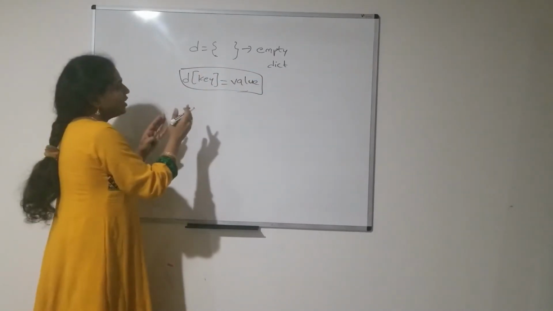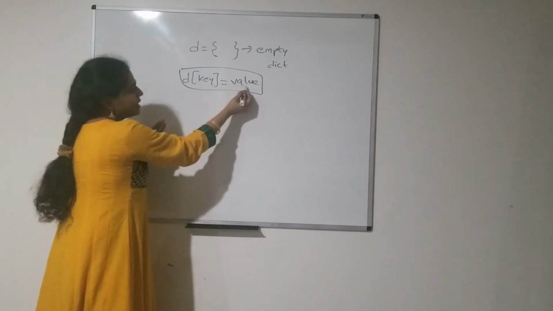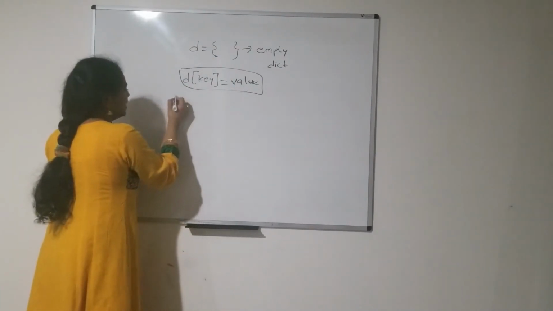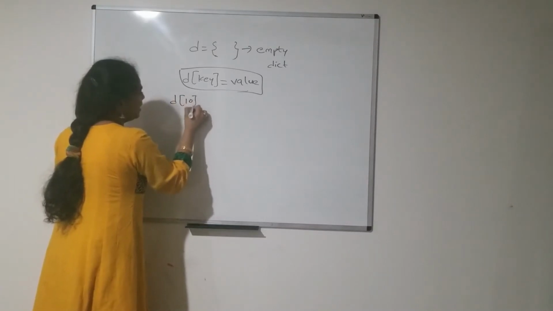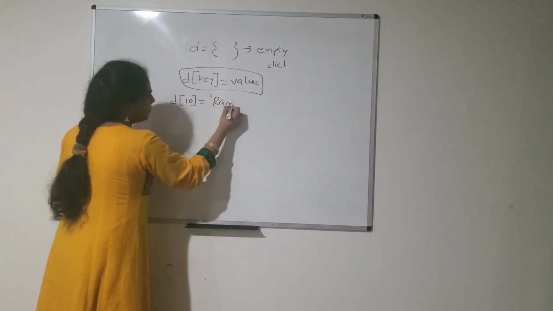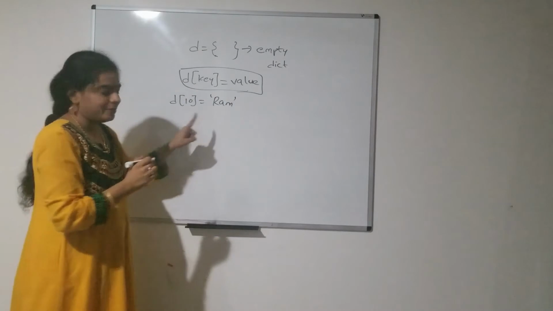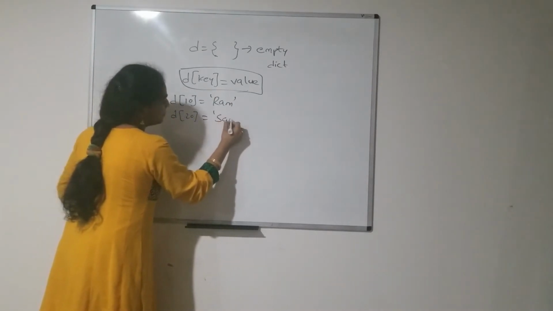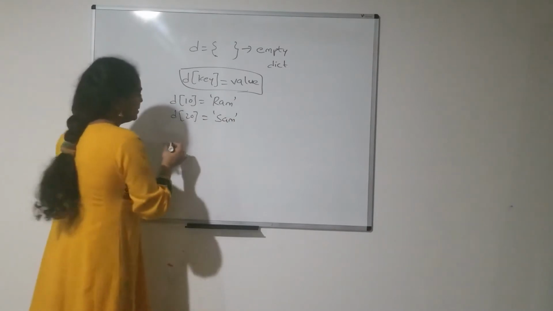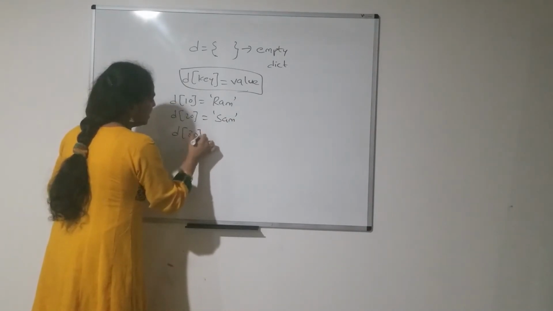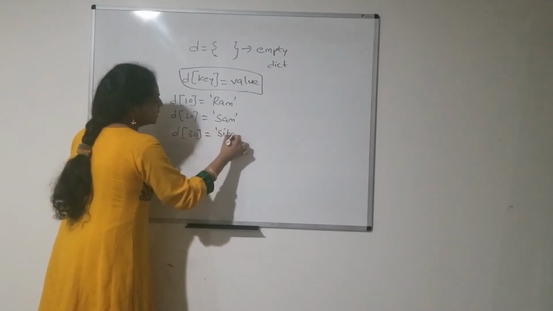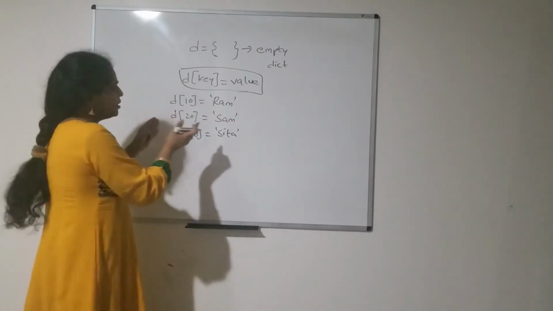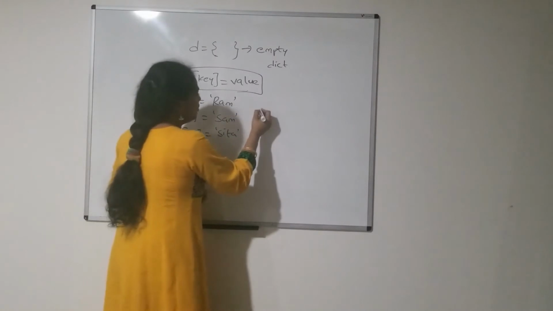Then what happens? The key and the corresponding value will be stored. That means, see, D of 10 equal to Ram, D of 20 equal to Sam, similarly D of 30 equal to Sita. Suppose this is the data. Then how will the output be represented?